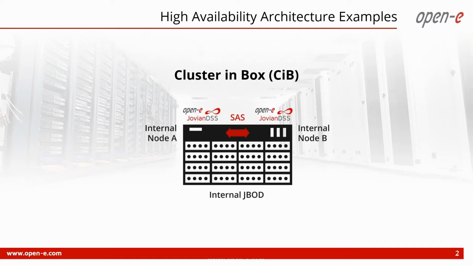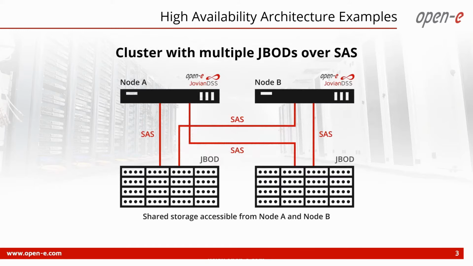Essentially two servers, in simplified terms node A and node B, each an independent system. The drives are all connected to a backplane, or an internal JBOD, where we're able to see the NVMe drives to present the storage.